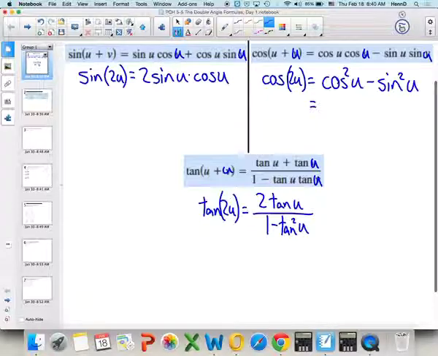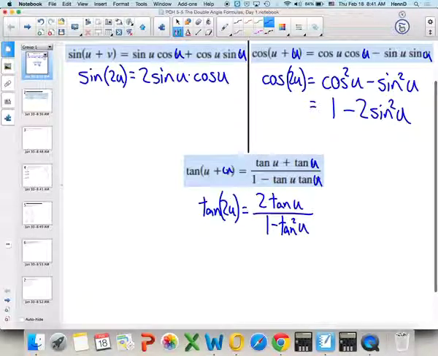Where are you getting a 2 sine squared from? It's cosine squared minus sine squared. Yeah, then just 1 minus 2 sine squared.